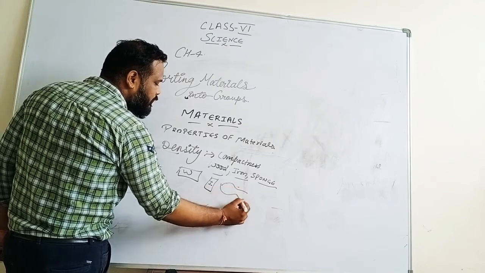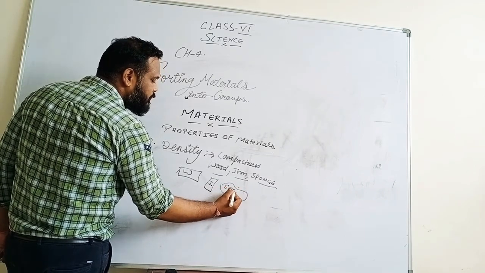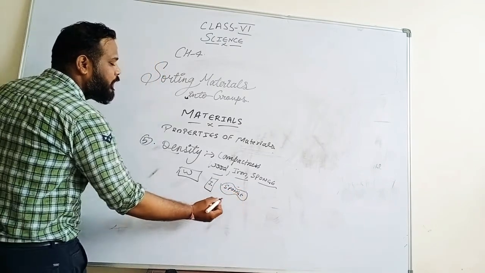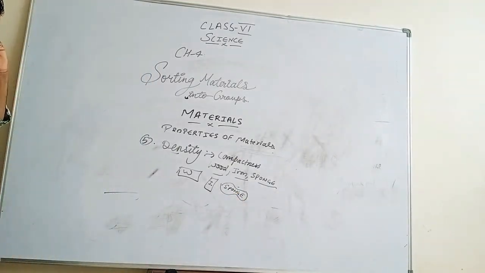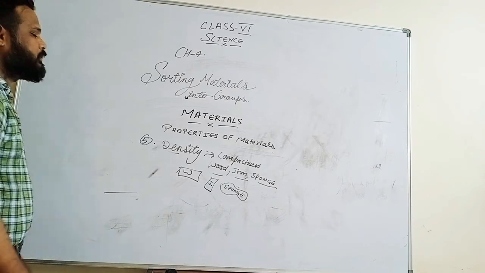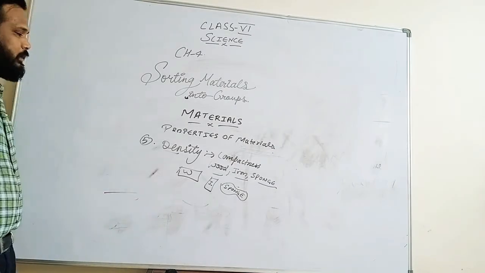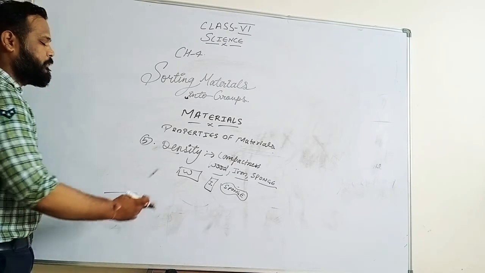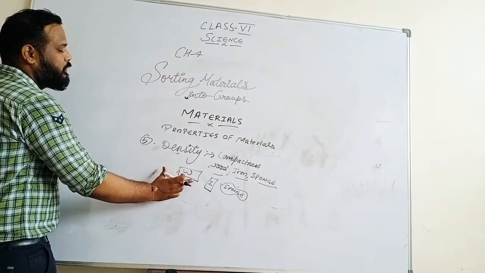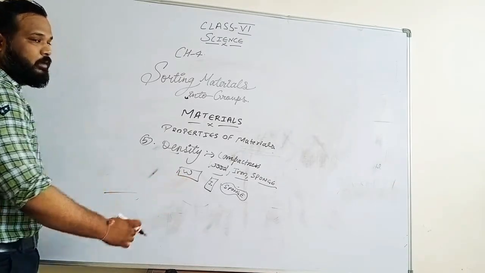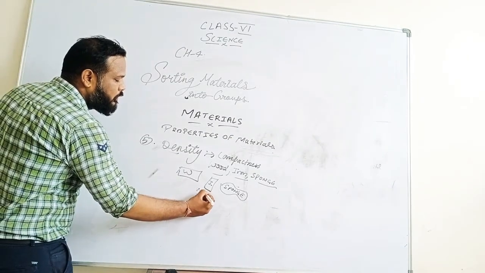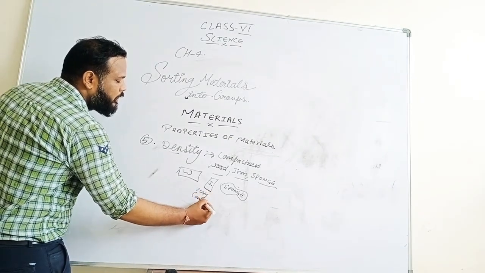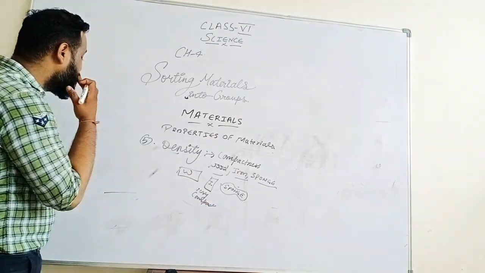Now you can find that the sponge, even having the larger volume or larger area, will have low mass content, but the iron in a very small size can have large mass. Yes, that's why iron has high density. Even as compared to wood, iron has high density. Now I'm writing very high in density, very compactly packed.